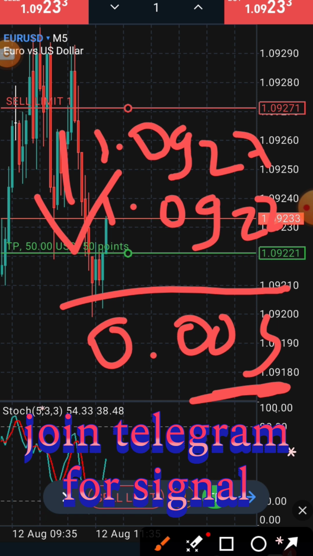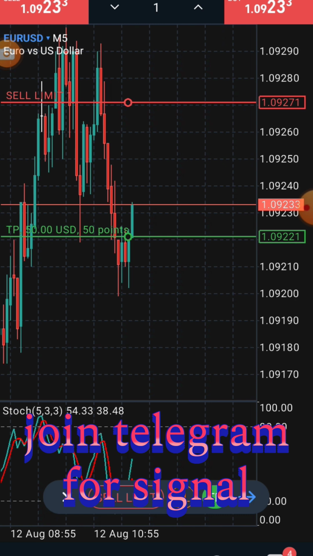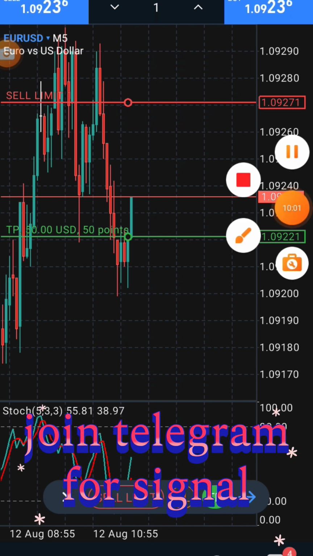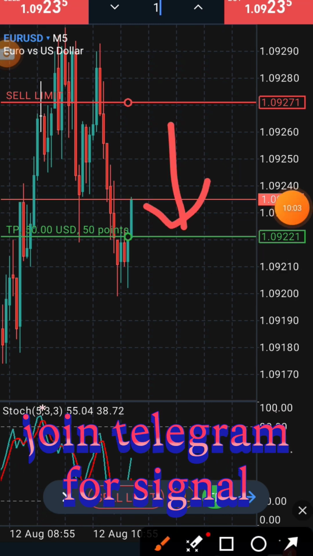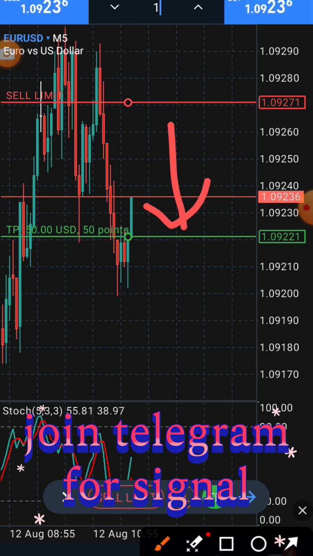Or if you don't want to calculate, then directly see the profit. What is the profit from here to here? It is $50, because we have selected one standard lot, so that's why the movement is calculated as 5 pips.